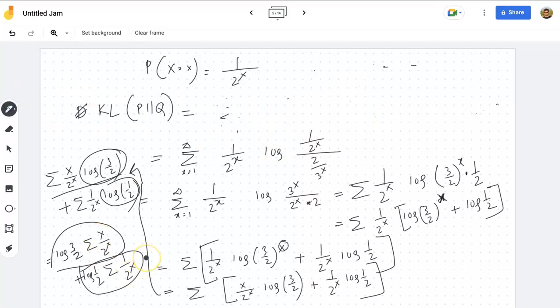So the first summation is, if we just write it individually, x by 2 to the power x, where x is 1 to infinity, and another summation is summation x is 1 to infinity 1 by 2 to the power x. Now this summation is pretty easy.